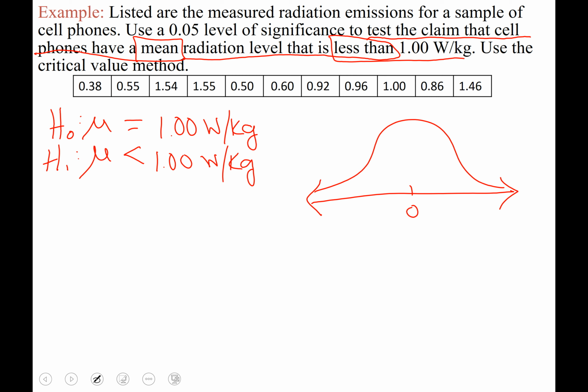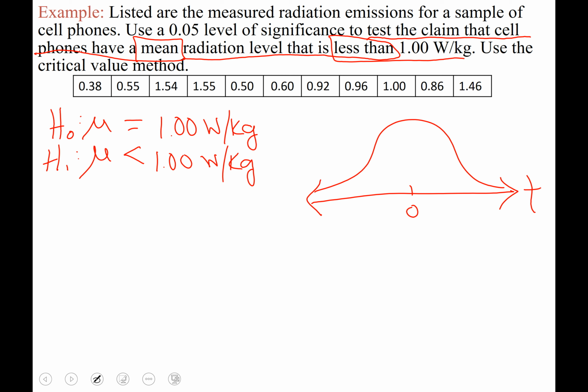0 in the middle. Time to make your next decision: you're going to label your horizontal axis with either the letter Z or the letter T. The way you decide is we're looking to see if we know the population standard deviation sigma, and we do not. So we are going to go with the student t distribution. Next decision is to cut off the left tail, the right tail, or both tails.